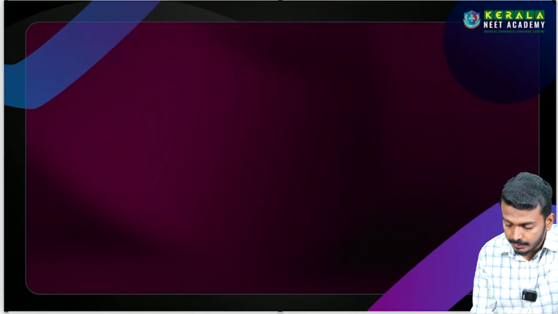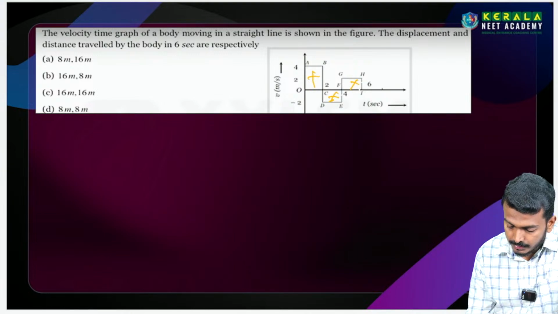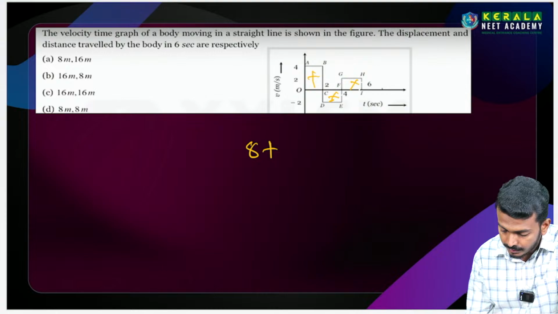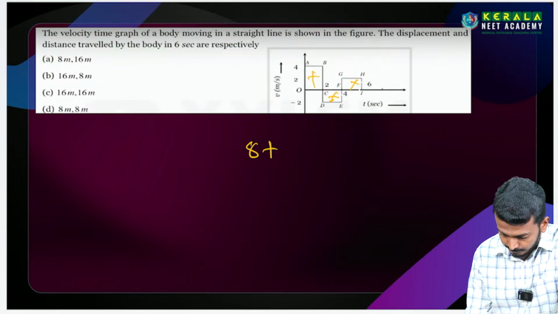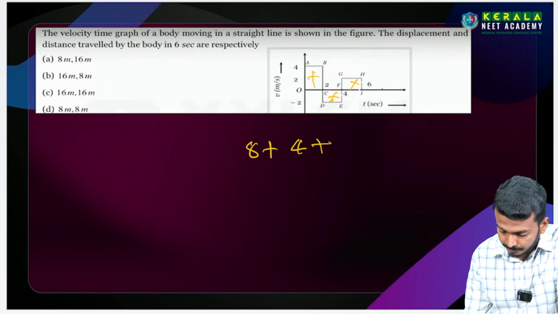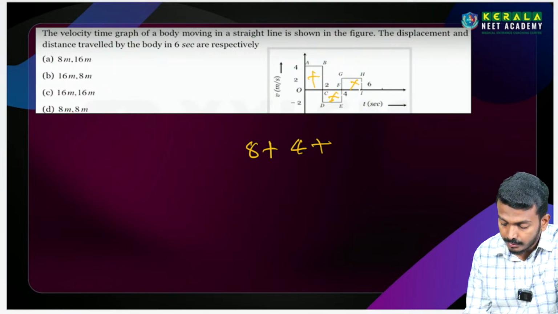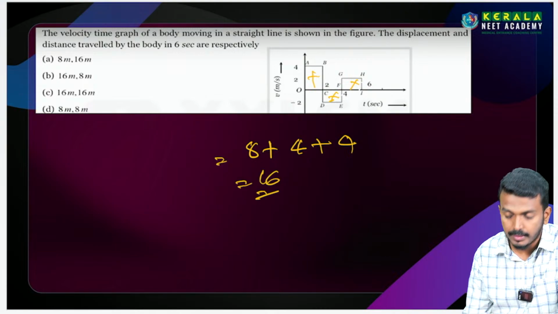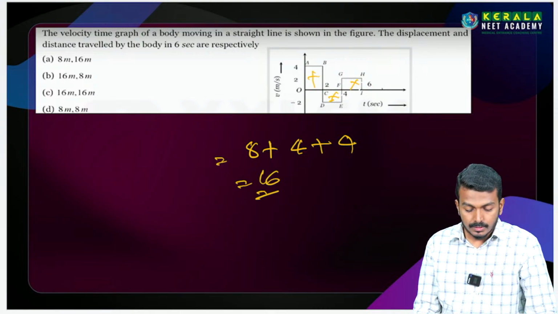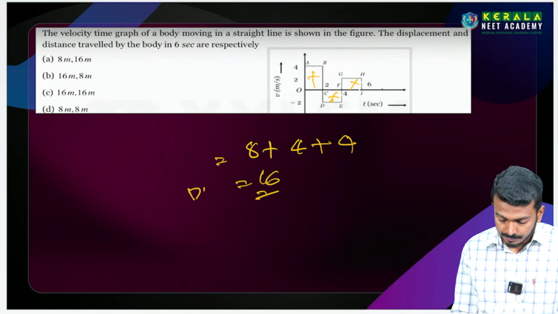First area: 4 into 2 is 8. Second area: 2 into 4 is 4. Next area, length into breadth, simple: 4. So what is the total answer? 16. Okay, 16 is actually what? Distance.